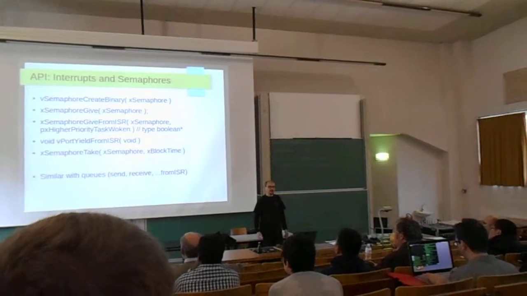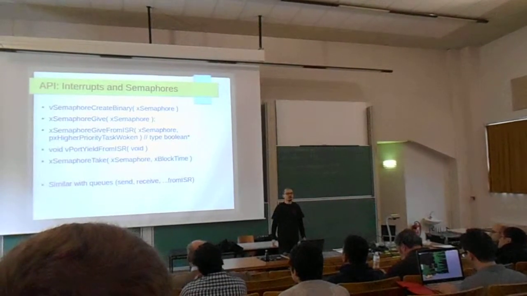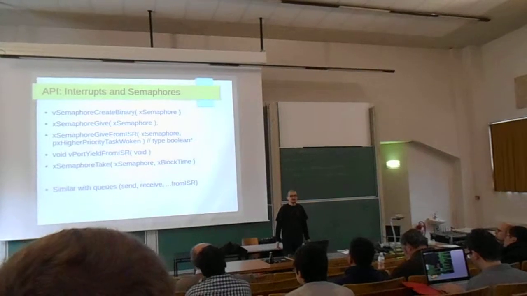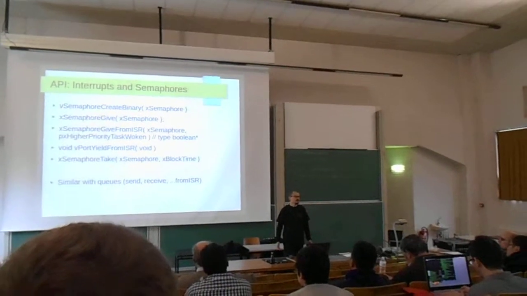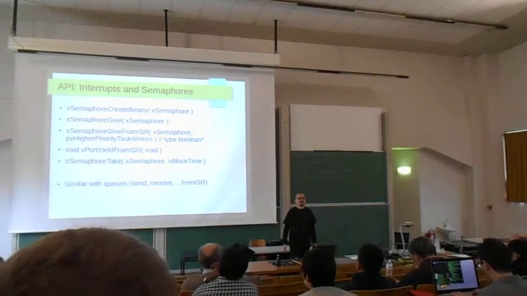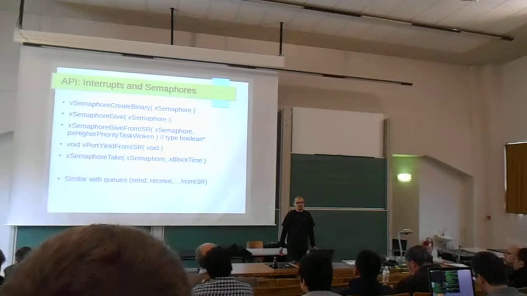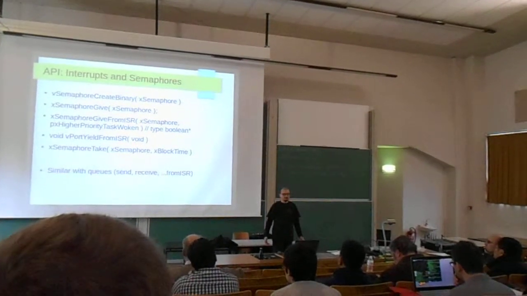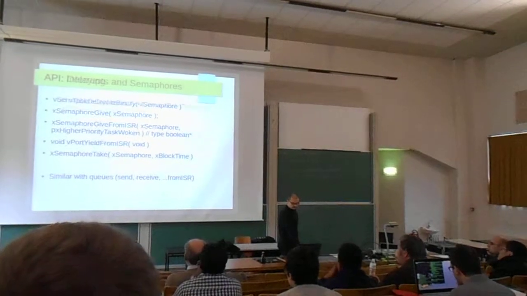Like here, I have x semaphore give and x semaphore give from ISR. If I'm running from within an interrupt service routine, I need to use the from ISR routines so that it doesn't mess with context switching. Also, messaging queues have their variants with send, receive and from ISR.